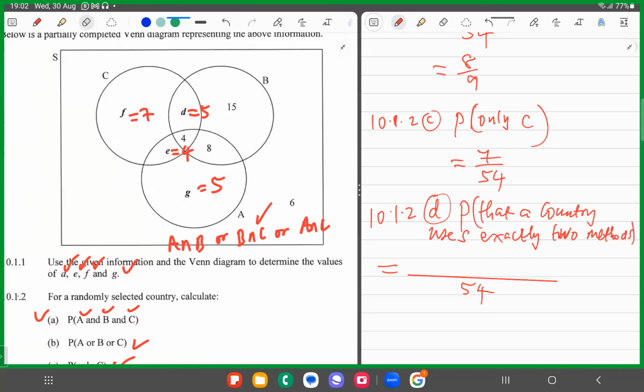We continue with our calculation. So the probability that the country uses exactly two methods, as said, either A and B or B and C, A and C. Okay, so that kind of thing. What is then the probability, rather, how many countries are there in those intersections?